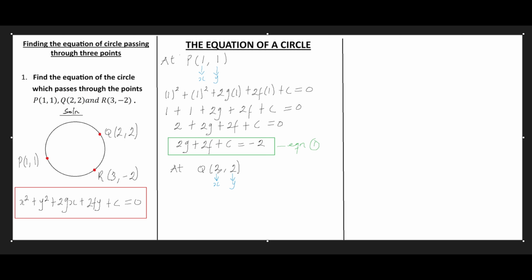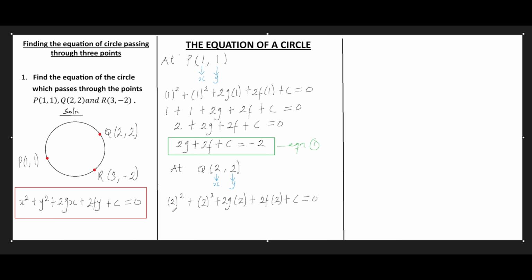Again, you are going to substitute 2 in place of x and then 2 in place of y into the general equation of a circle. So we have 2 squared plus 2 squared plus 2g multiplied by 2 plus 2f multiplied by 2 plus c is equal to 0.